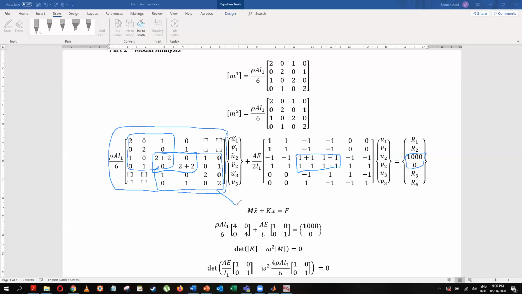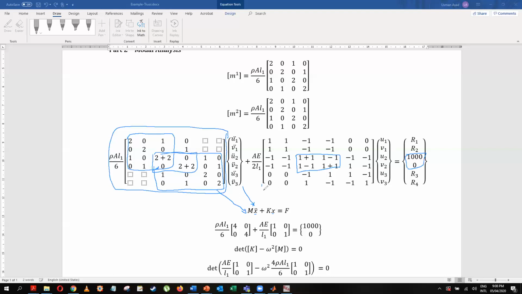So this overall thing is my mass matrix, and what's actually happening, the actual dynamic equation, is that M x double dot, where x is the vector containing all of my displacements, plus K into x, which once again contains all of these displacements, is going to be equal to F.